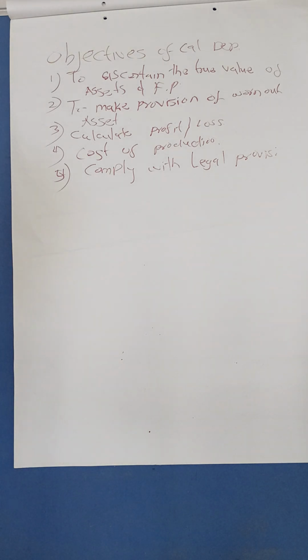In the next video, as an accountant, you will see how you can account for depreciation. Because in the next video, we are coming to come up with the plant account. After the plant account, we calculate depreciation, come up with the provision for depreciation account, and extract the balance sheet.